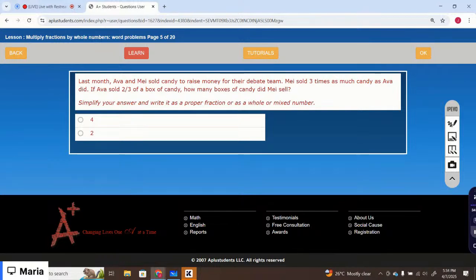Last month, Eva and May sold candy to raise money for their debate team. May sold 3 times as much candy as Eva did. If Eva sold two-thirds of a box of candy, how many boxes of candy did May sell? So, which is the correct option?